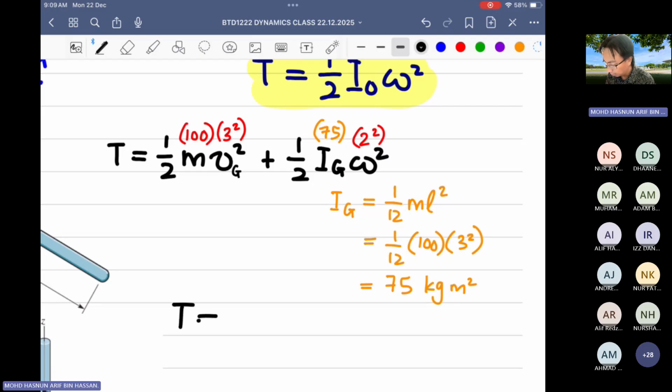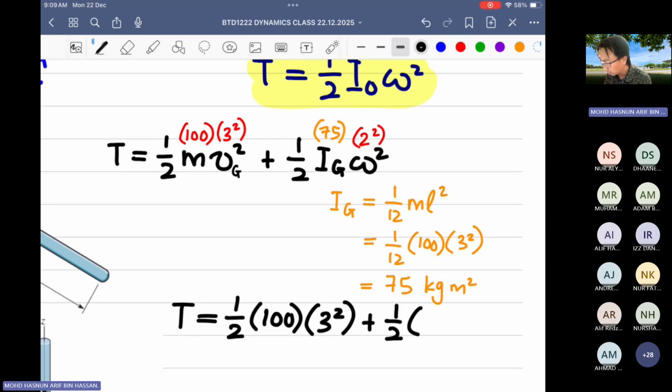So T is equal to 1 over 2 times 100, which is the mass, times Vg, which is 3 square, plus 1 over 2 times 75 times 2 square.